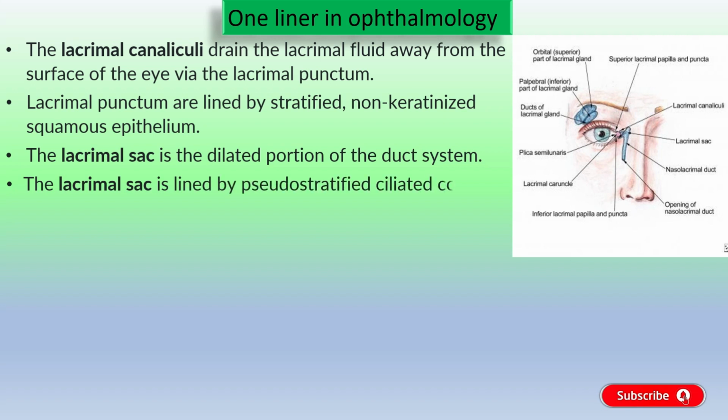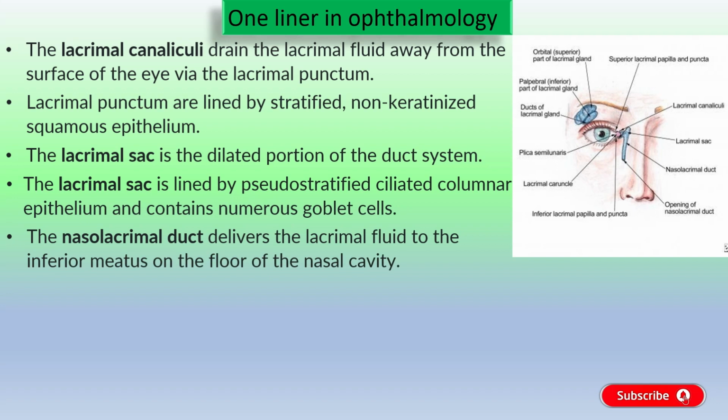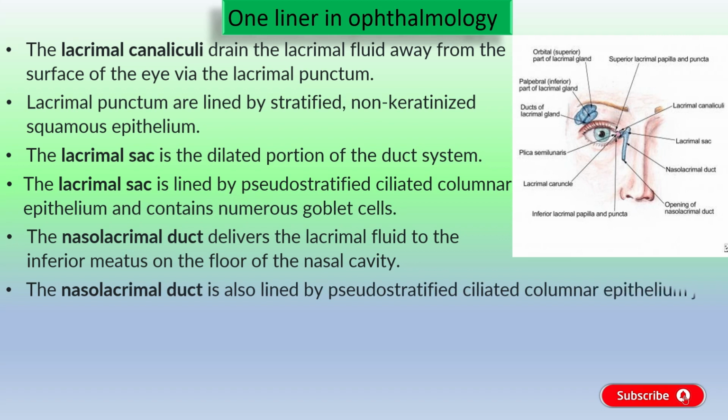The lacrimal sac is lined by pseudostratified ciliated columnar epithelium and contains numerous goblet cells. The nasolacrimal duct delivers the lacrimal fluid to the inferior meatus on the floor of the nasal cavity. The nasolacrimal duct is also lined by pseudostratified ciliated columnar epithelium, just like the lacrimal sac.